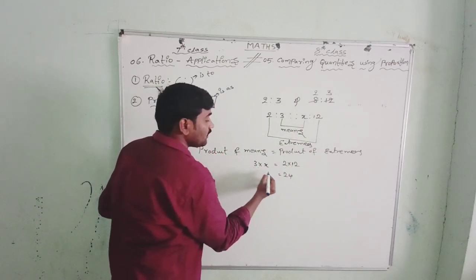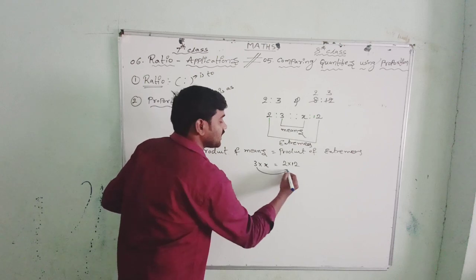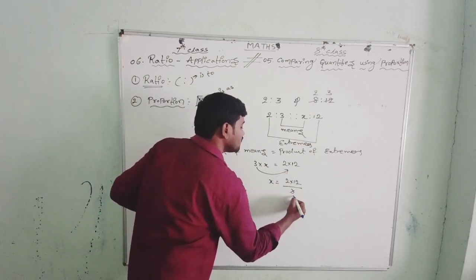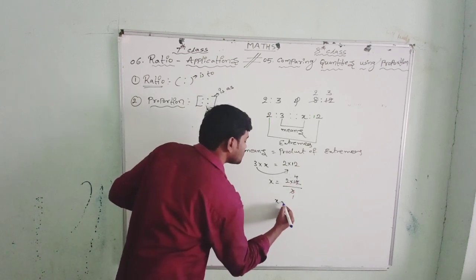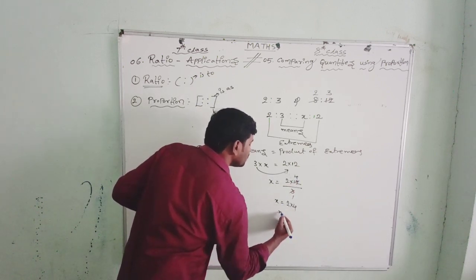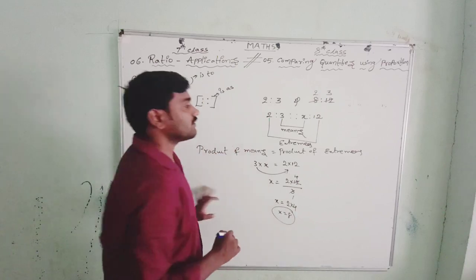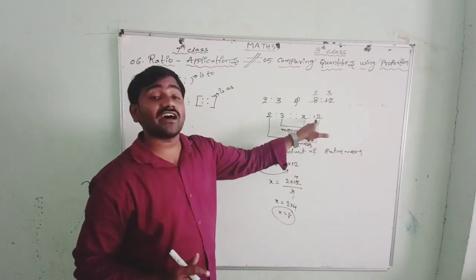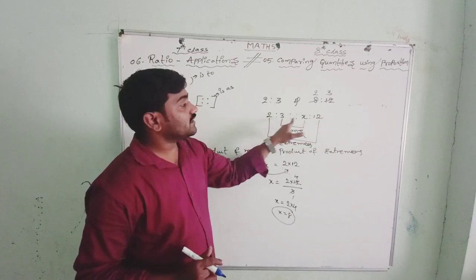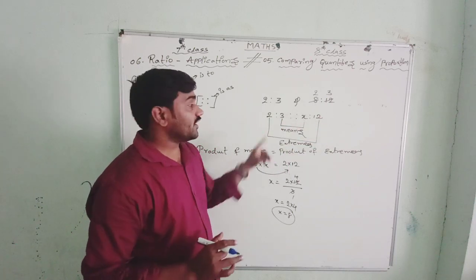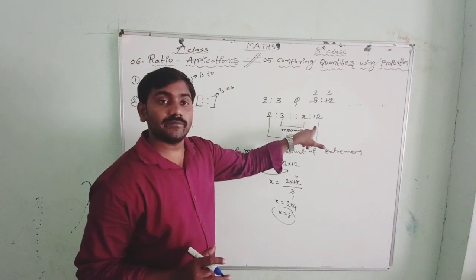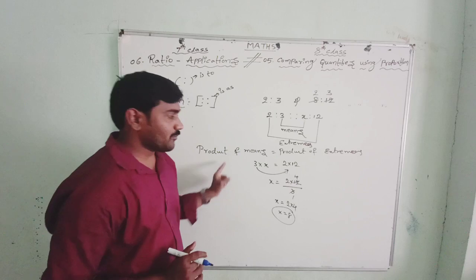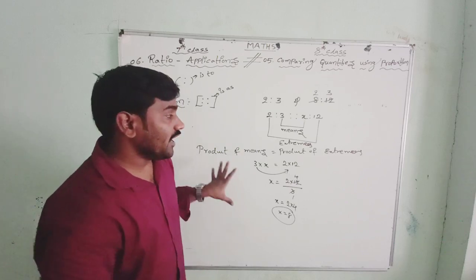This 3 will transfer to this side. x equals 2 into 12 by 3. 3 ones are 3, 3 fours are 12. x equals 2 into 4, then x equals 8. 8 comes here. Not only here, we can find out any one of the terms, either here or here or here or here. If any one of the terms is missing in the proportion out of these 4 terms, we can find it by using this formula: product of means equal to product of extremes.